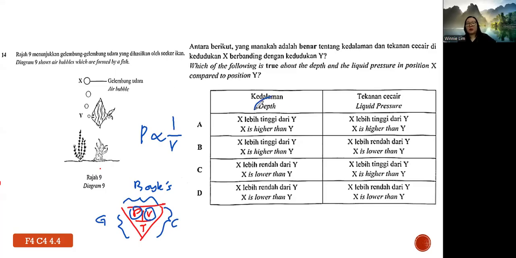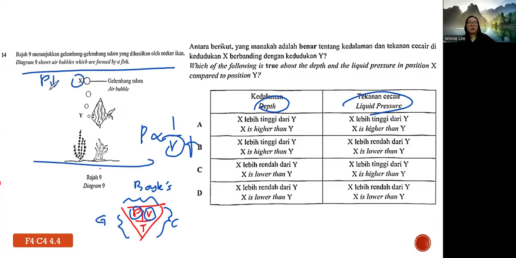But now they are talking about depth and liquid, so they are more towards the idea of liquid pressure in Form 5. But because in the diagram they show you the gas bubble, you see your volume is increased. That means your pressure at X is lower. Why is the pressure at X lower? What happened to the depth?